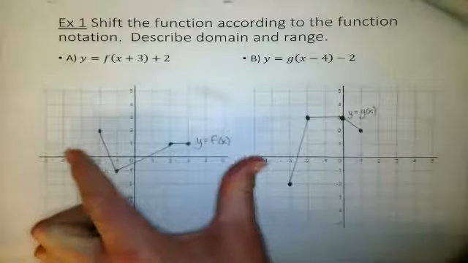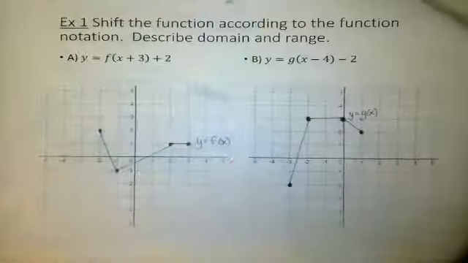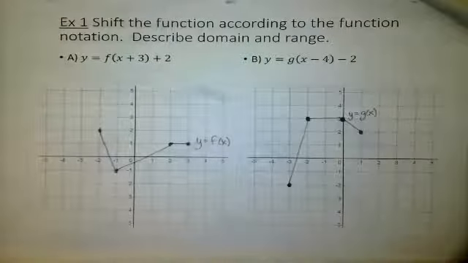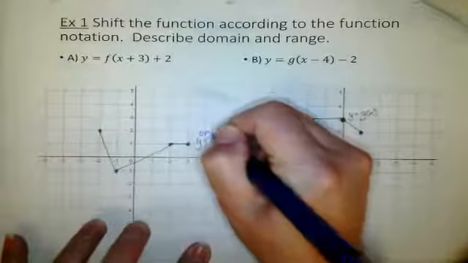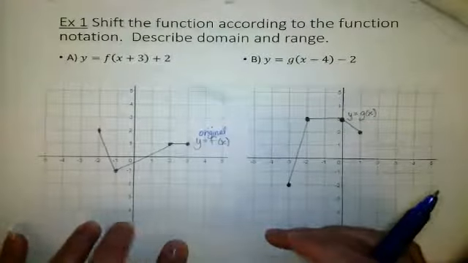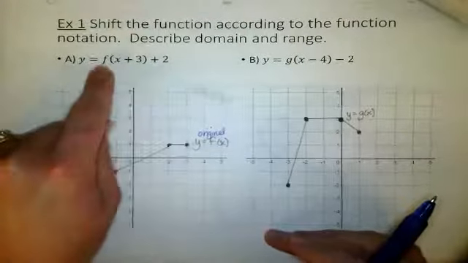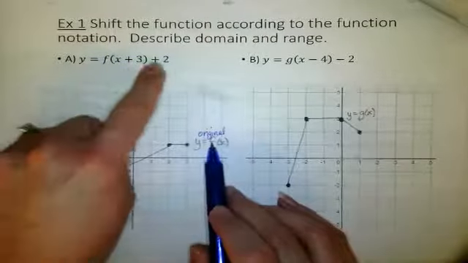And so this is f of x, f being some generic function that we made up. So this is what I would call the original generic graph. This is what we want to do to the graph. You can see that it's referencing our function f, but it's got changes to it.